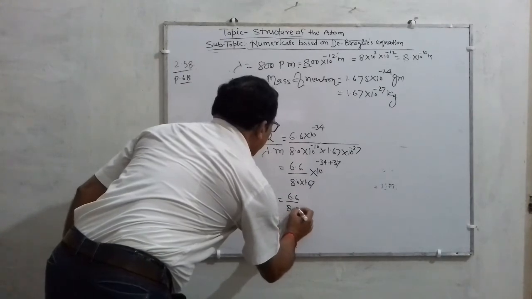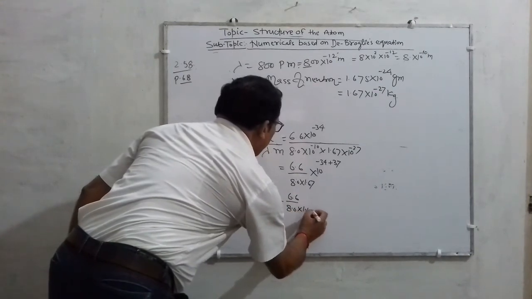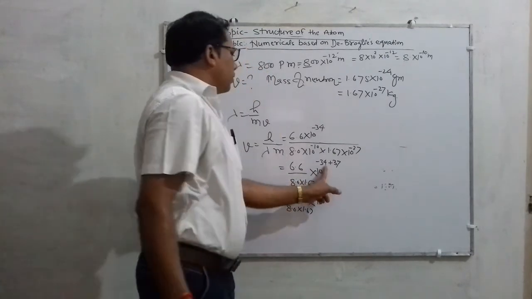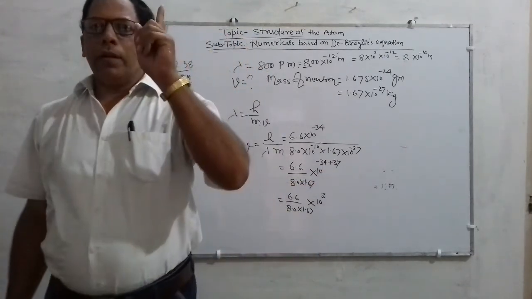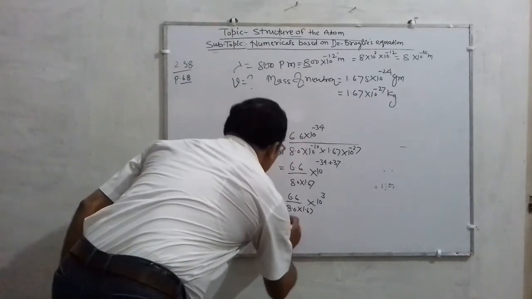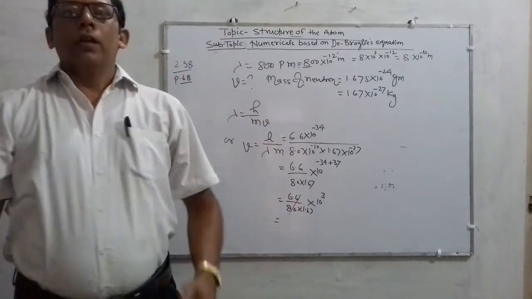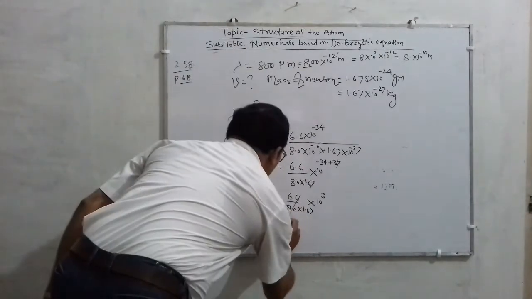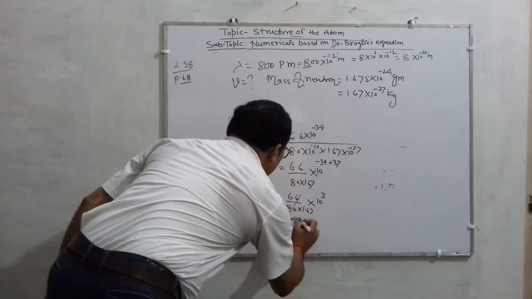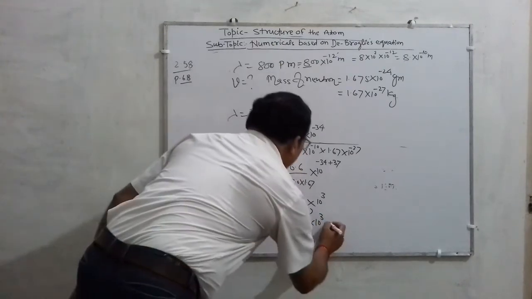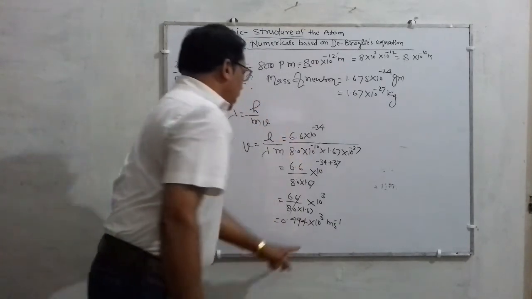So 6.6 upon 8.0 into 1.67 into 10 to the power 3, and that will come nearly, on solving, the probable value may be 0.494 into 10 to the power 3 meter per second.